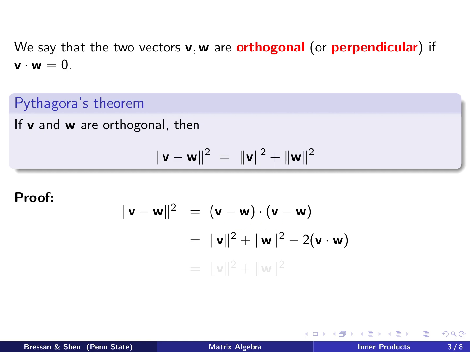We distribute: v dot v will be the norm squared of v, w dot w will be the norm squared of w, and then there's the term w dot v and the term v dot w, which are the same, so it's just 2 times v dot w. Now we use the property that v dot w is 0. So this term is 0. Removing that term, we just have the norm squared of v plus the norm squared of w, which is the Pythagoras theorem.